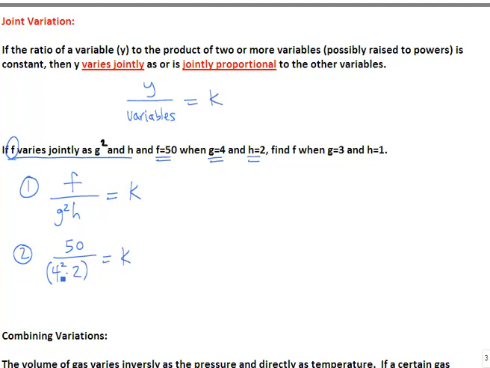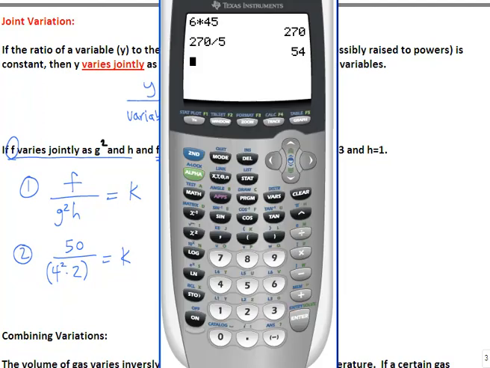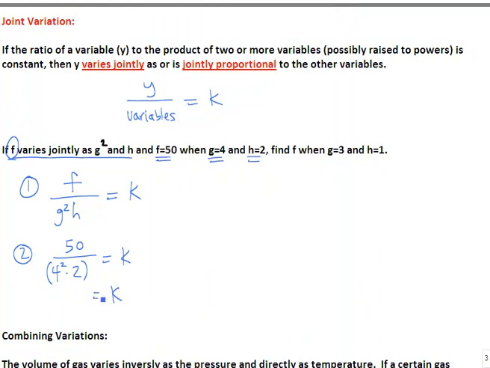So you're dividing all of that into 50. So the correct way to write this would be 50 divided by, whoops, a typo there, 50 divided by parentheses 4 squared times 2. Close the parentheses.